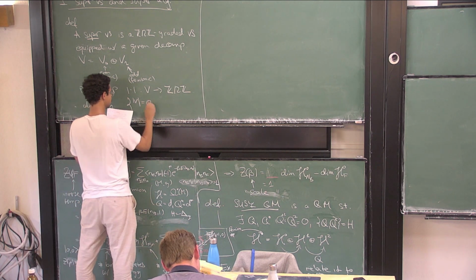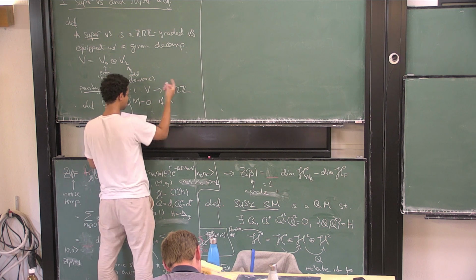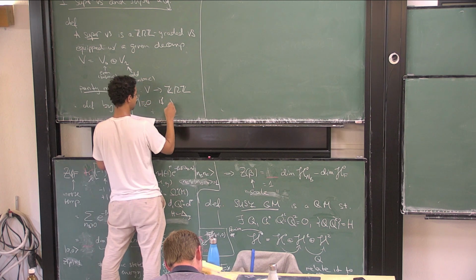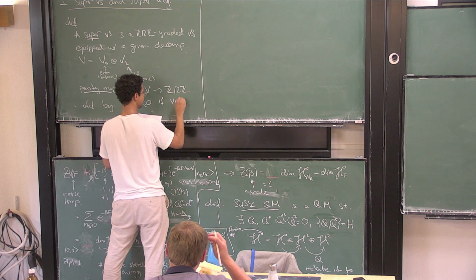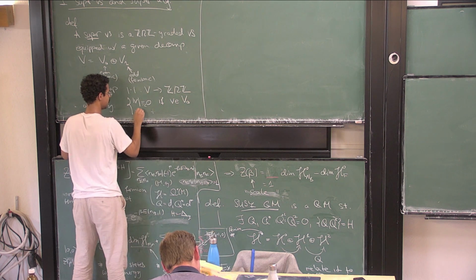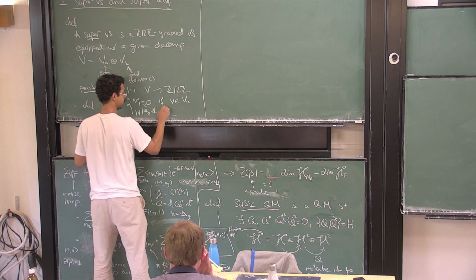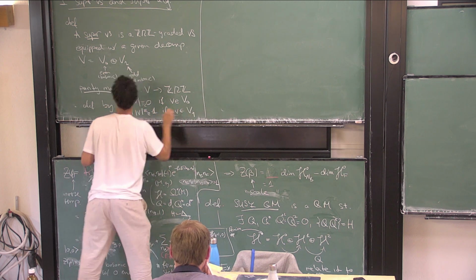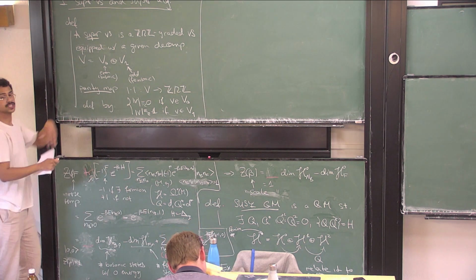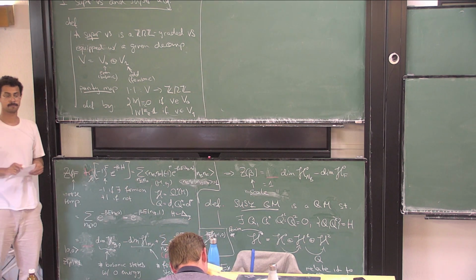So it is 0 mod 2 if v is in V0 and 1 mod 2 if v is in V1. Okay? So you just have a decomposition of fermions and bosons.